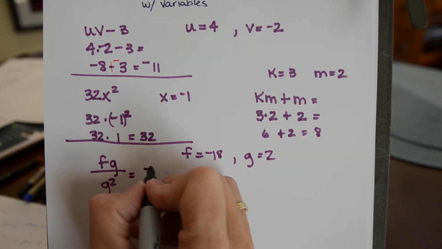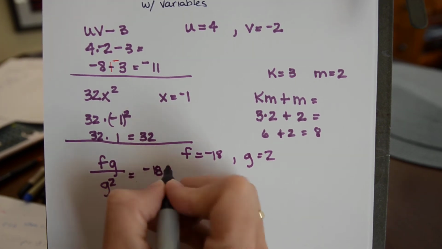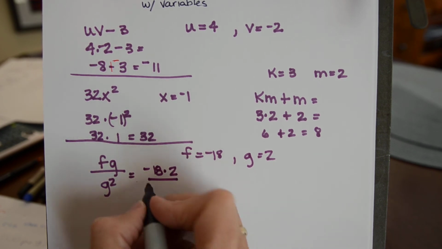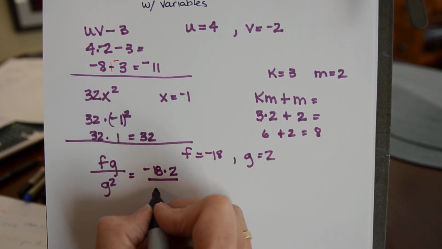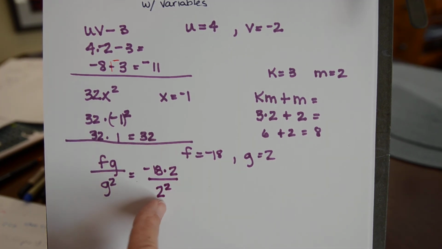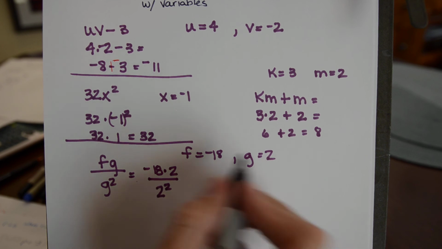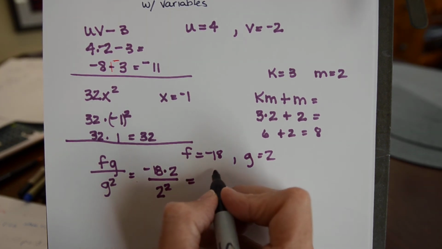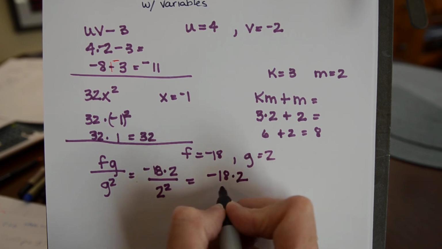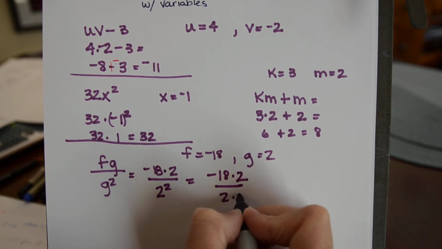So I've got -18 times the letter g, which is a 2, divided by 2 squared. Really what I'd like to do, instead of seeing it as a squared number, is go back and break it into its parts. And I've got -18 times 2 divided by 2 times 2.